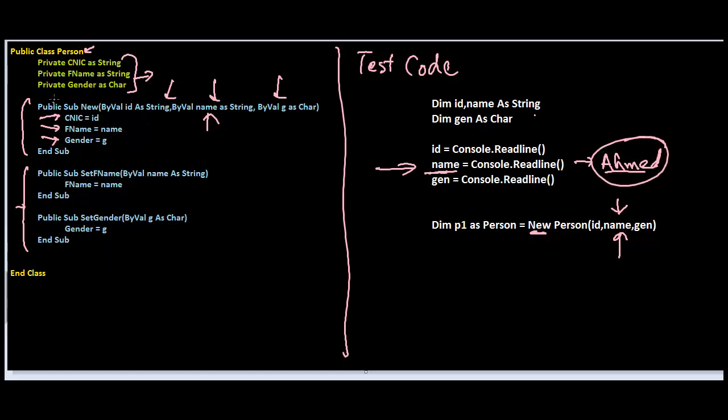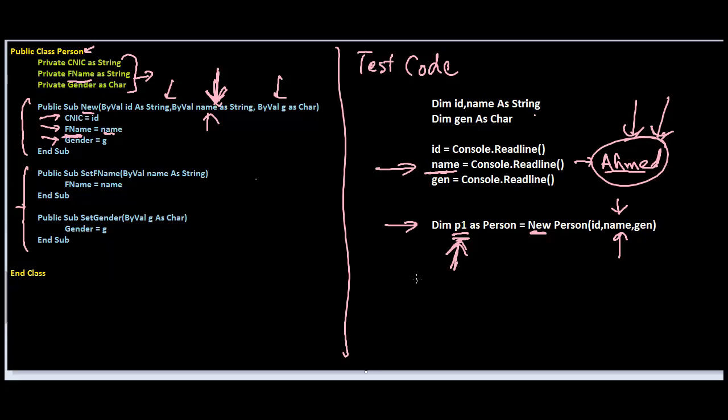In our constructor here, the second parameter is also called name, and then this value of name is being assigned to the first name. So first name is going to become what? It's going to become Ahmed. So first name will get the value Ahmed, and this happens when the object p1 is instantiated. So this initial value of name is assigned to first name when this object is instantiated.